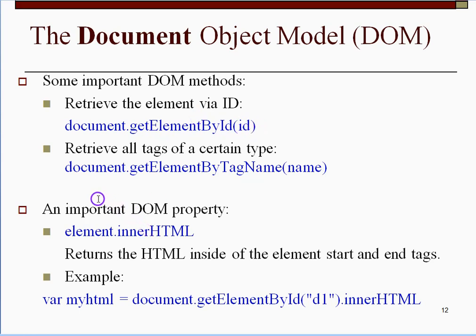Or you can retrieve all the elements of a certain type by using the method getElementsByTagName, using it in this way: document.getElementsByTagName, and then pass the particular name as an argument to the method.